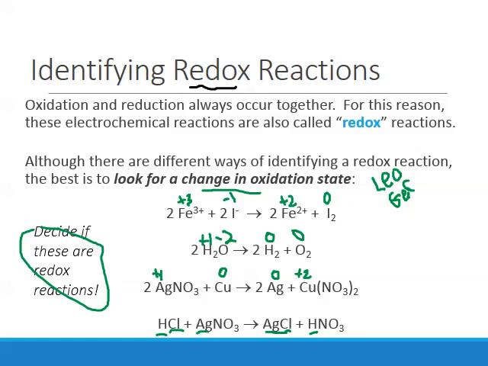Silver on the left is part of an ionic compound again, so +1, and on the right it's still +1, part of an ionic compound. We could look at nitrogens and oxygens separately, or we could just say there's nitrate on the left and there's still nitrate on the right. It did not change. So nothing is changing in terms of oxidation states, so that last example is not redox.